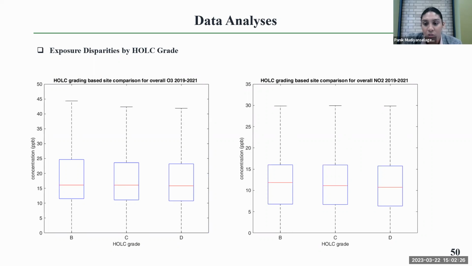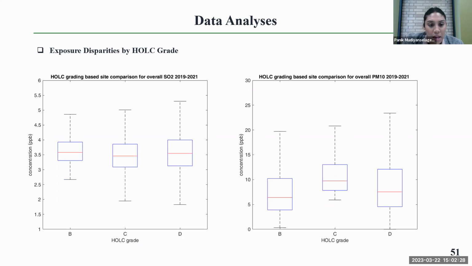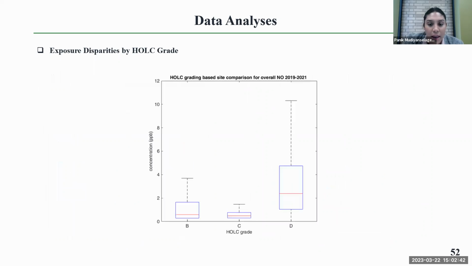Same goes for NO2 and SO2. For PM10, you see a slight disparity for group C, a bit higher than the other groups in median concentration. And for NO, there's a slight disparity with group D, but the values are not that significant.